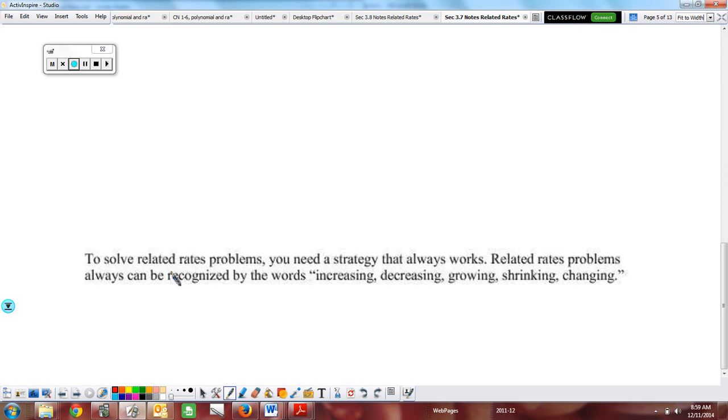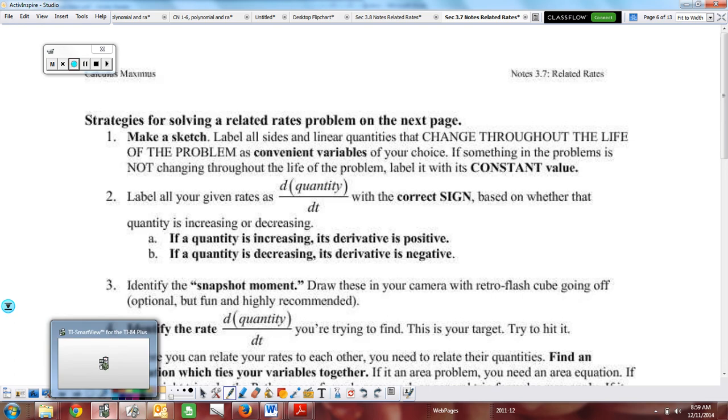So in order to solve related rates problems, you just need to be organized. Identify that it is a rate problem because you're looking for how fast, be able to interpret the rates you're given and list your variables, and then be able to come up with a quantity formula, and then use your quantity formula to get your rate formula.